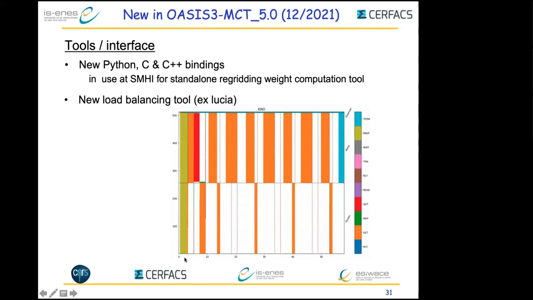This tool gives you a graphic view of all the coupling actions that are realized in a coupled system. You have here, for example, the time going from left to right, and on the y-axis the different processes used by either the I/O server, the atmosphere or the ocean. Right away you can see, for example, the time where the atmosphere is waiting for a get, in orange here, or vice versa, the ocean.